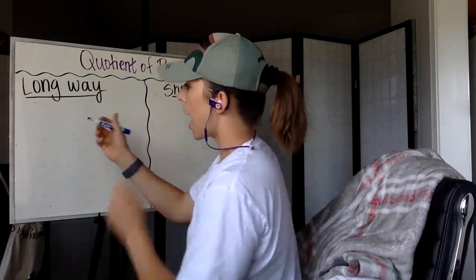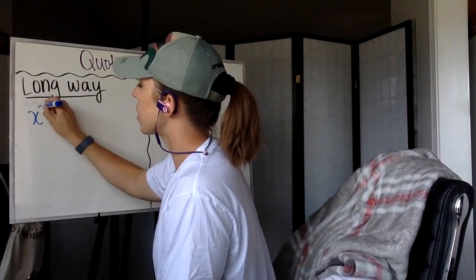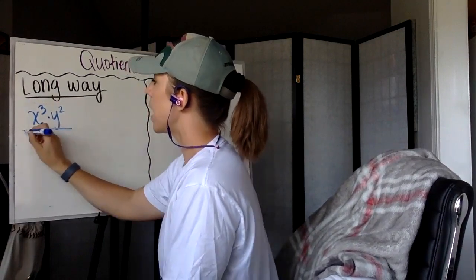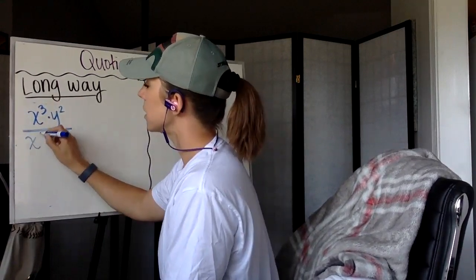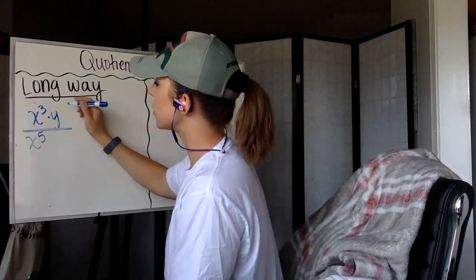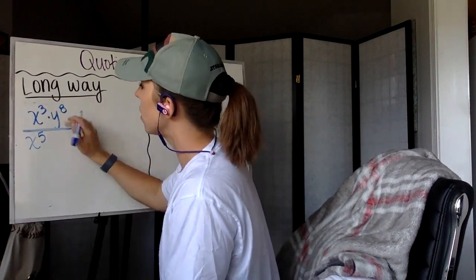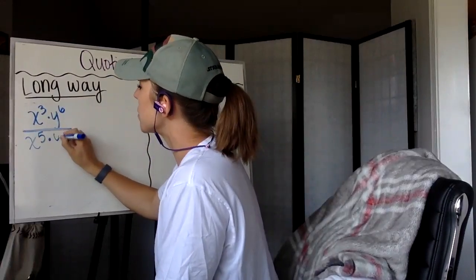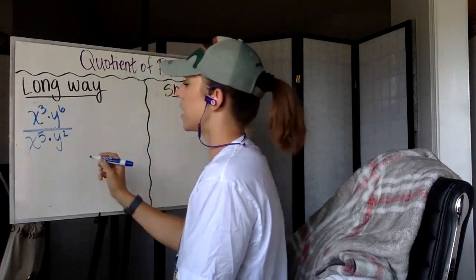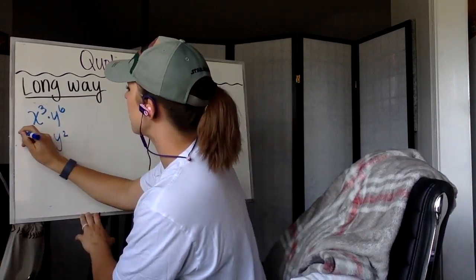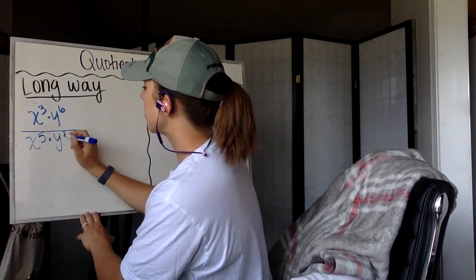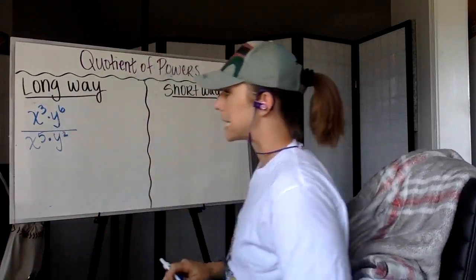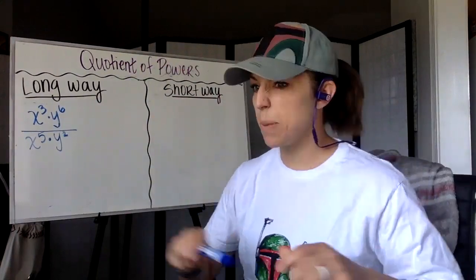Let's say I have x to the third times y to the 6th in the numerator, and x to the 5th times y squared in the denominator.